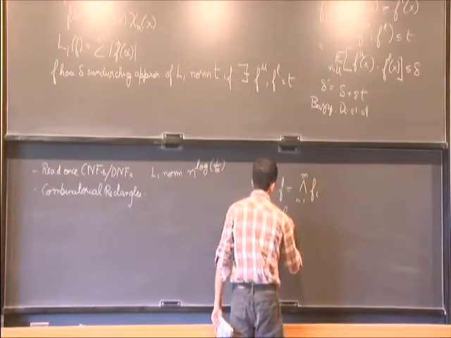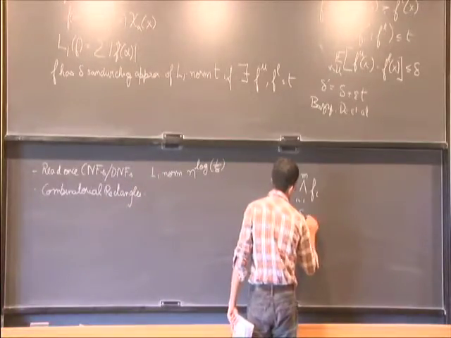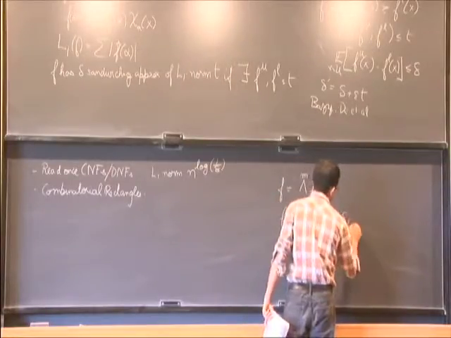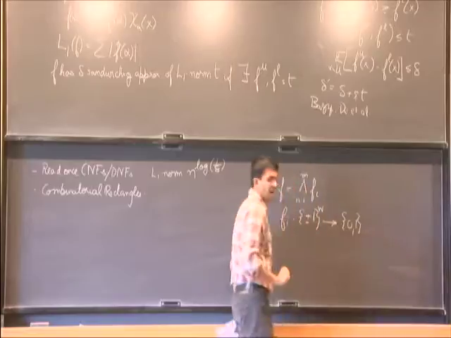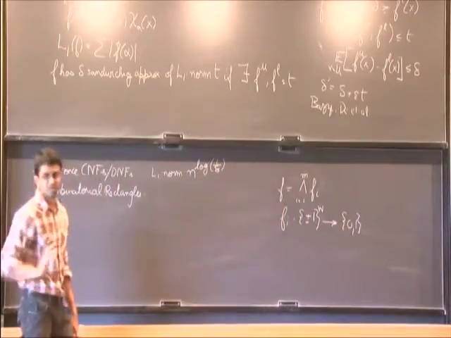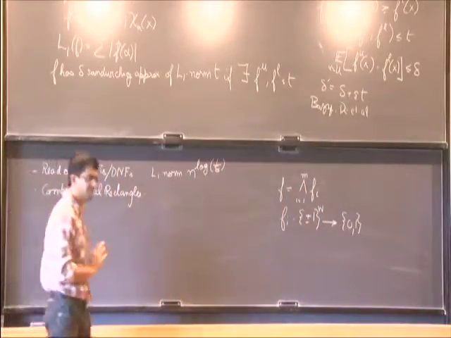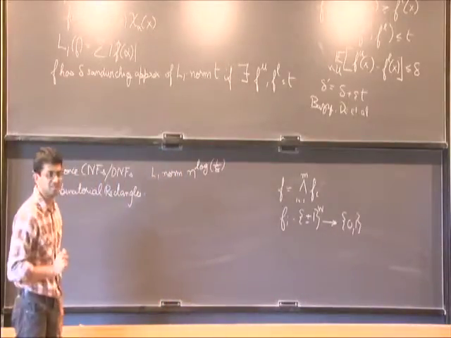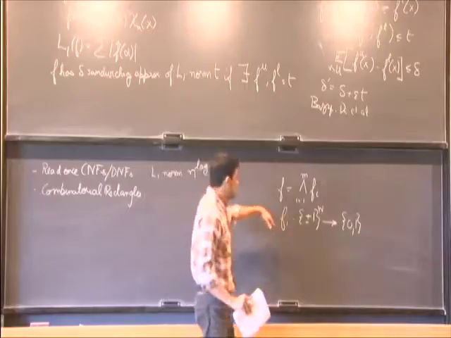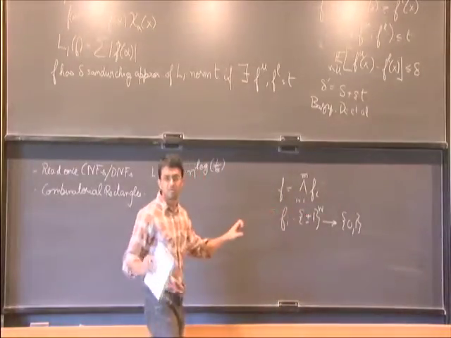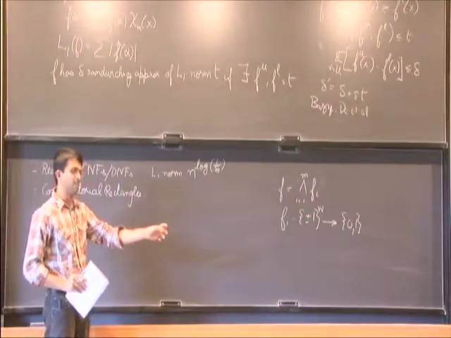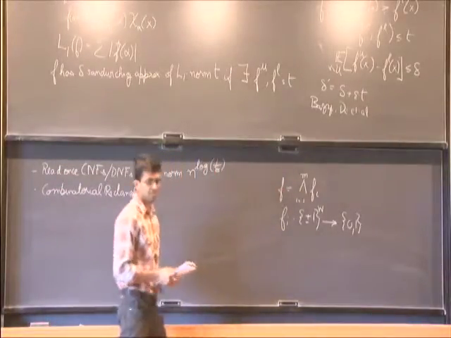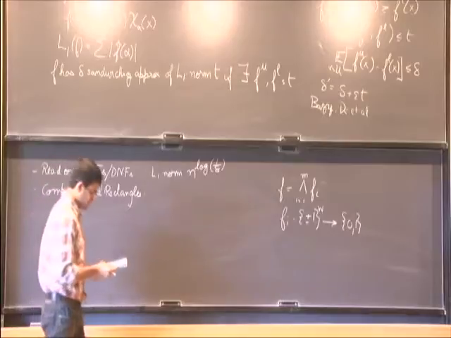I'm going to define f_i to be a function from plus minus 1 raised to w to 0, 1. I'm going to switch between plus minus 1 and 0, 1 a lot in this talk, sometimes for good reasons, otherwise for no reason, and hopefully it won't be too distracting. So a combinatorial rectangle has these m coordinates. Each of them places some restriction on the bits that it reads, and if all these functions are satisfied, then the function is 1.